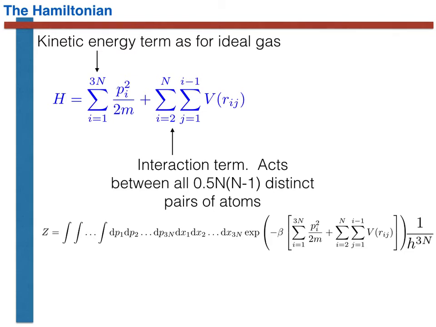We thus need to divide by a constant in units of length times momentum in order to ensure that z has no units, as ultimately we would calculate the logarithm of this quantity. As the 6n dimensional integral shown here is an integral over 3n position coordinates and 3n momentum coordinates, the final integral will be in units of length to the 3n multiplied by momentum to the 3n. We thus need to divide by h to the 3n to ensure that z is unitless.